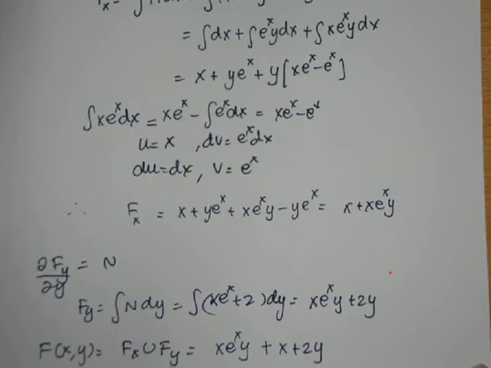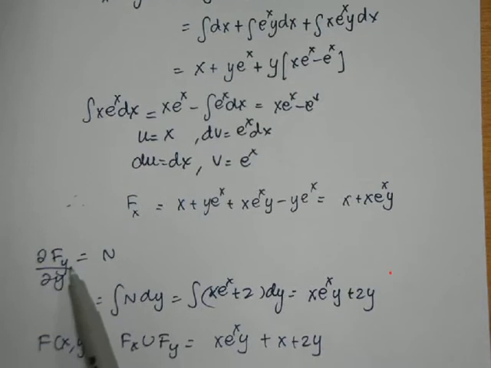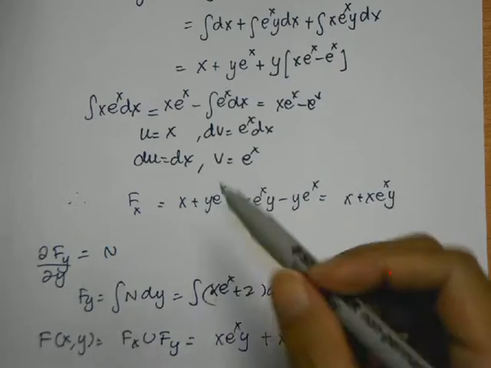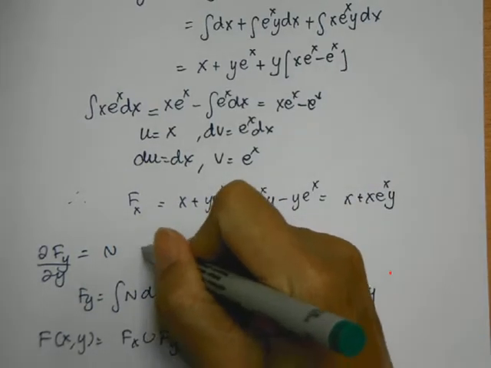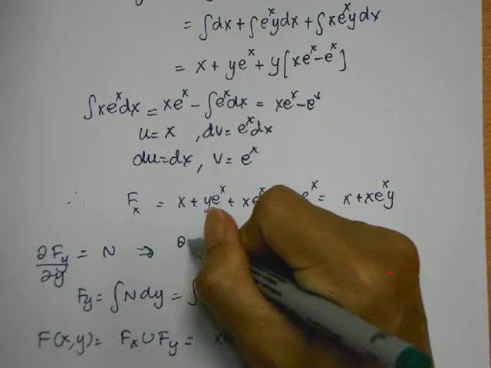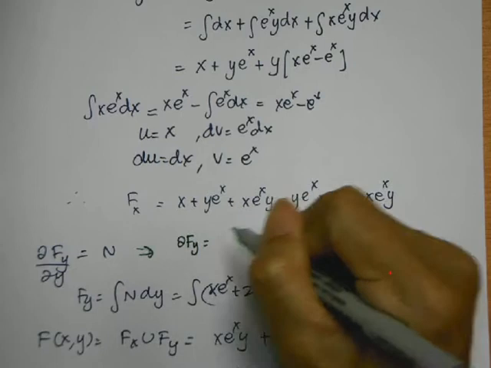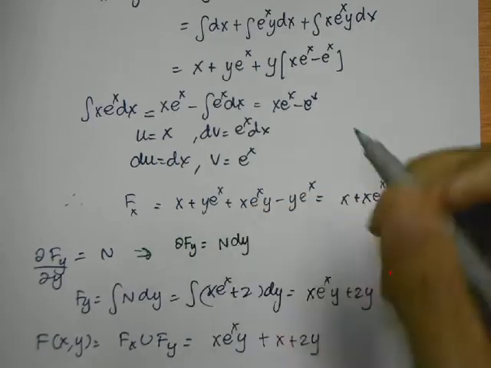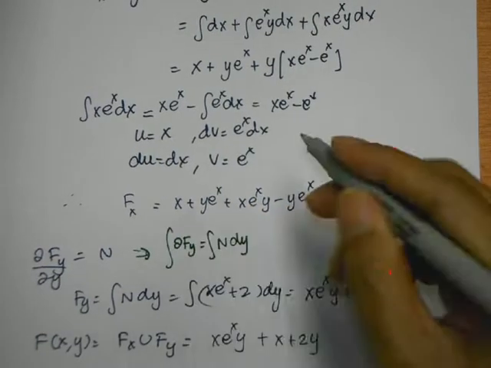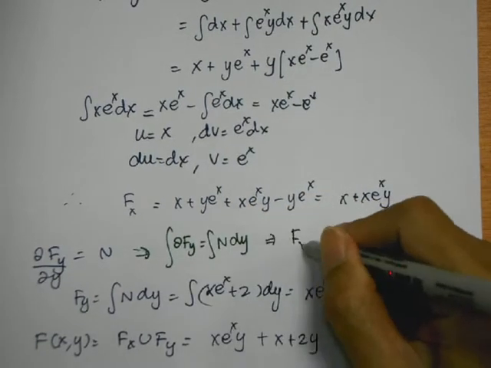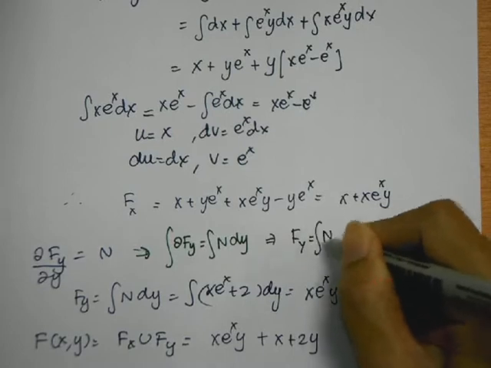I do it again with y. dfy by dy equals n. I just did exactly the same: put dy to the n, and then integrate both sides, I would get fy equal to the integral of n dy.